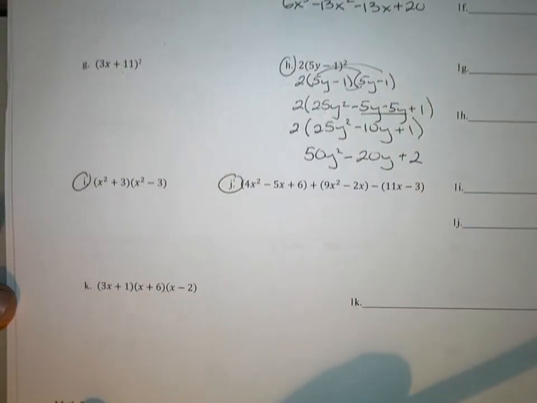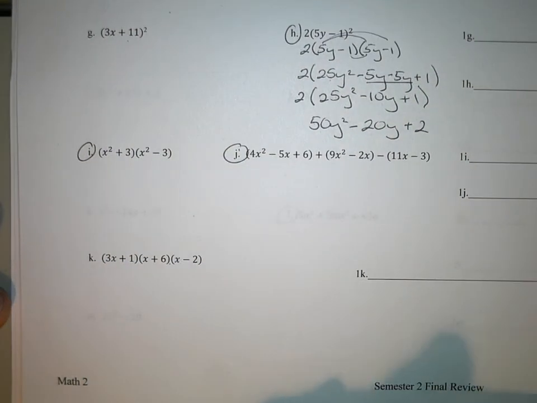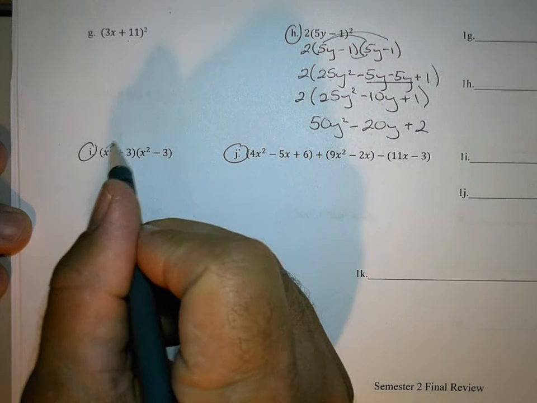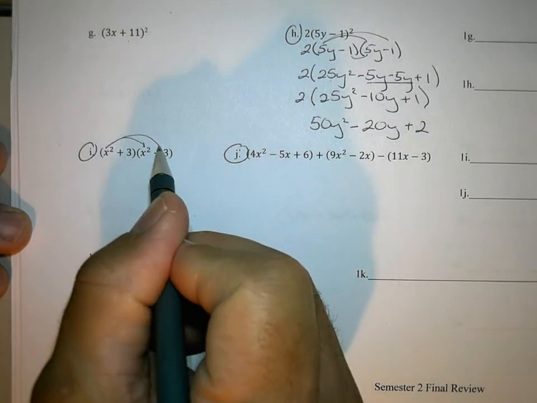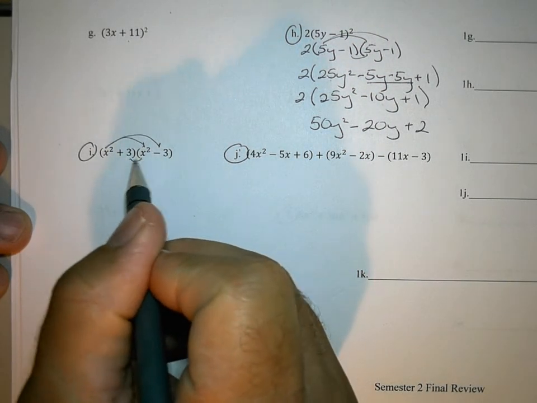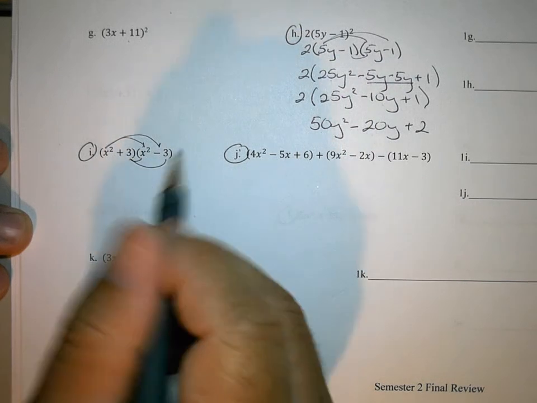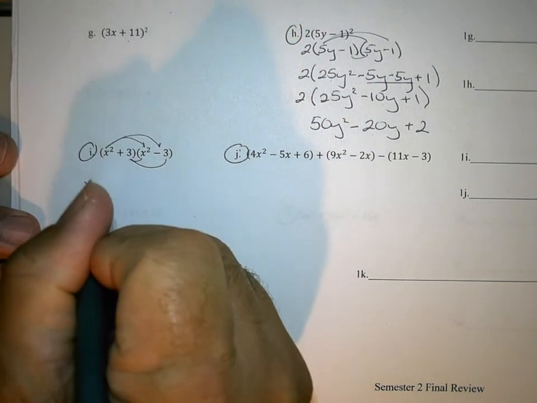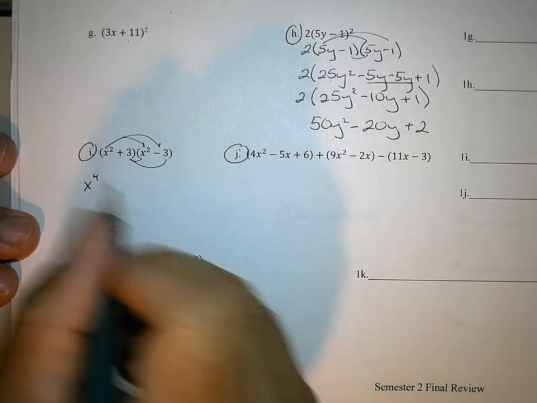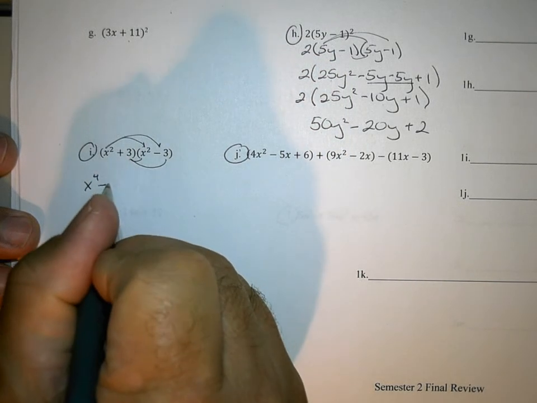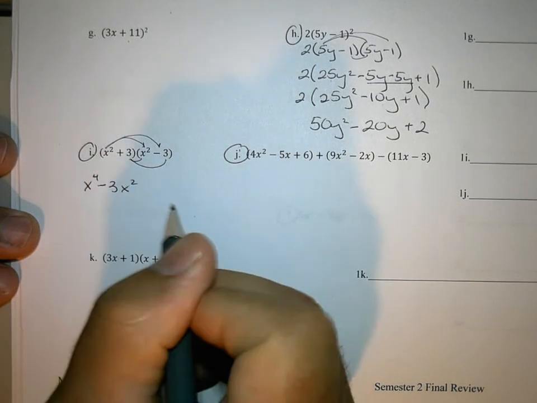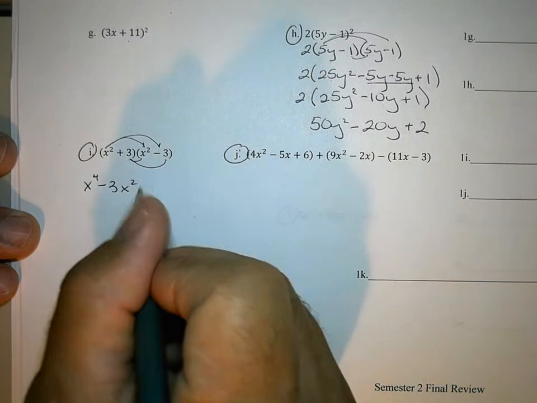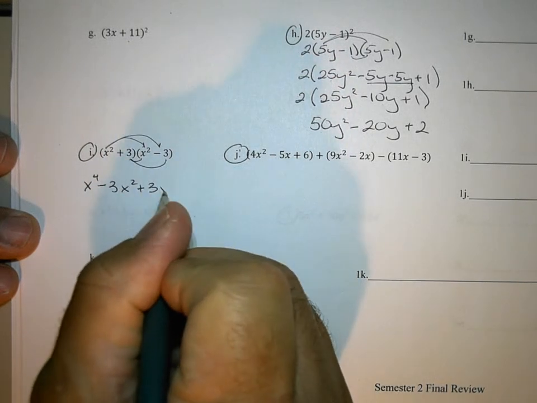Okay, moving on to I and J. Again, we have to distribute here. So x squared times x squared is x to the 4th, 2 plus 2. x squared times negative 3 is negative 3x squared. 3 times x squared is positive 3x squared.